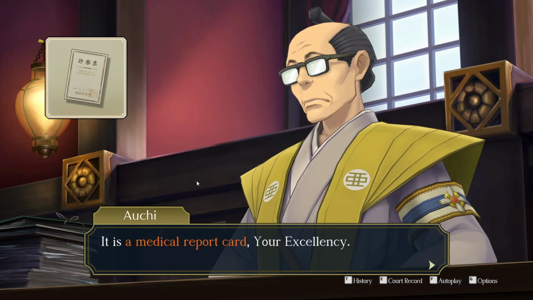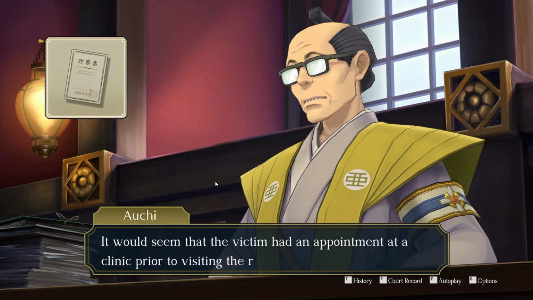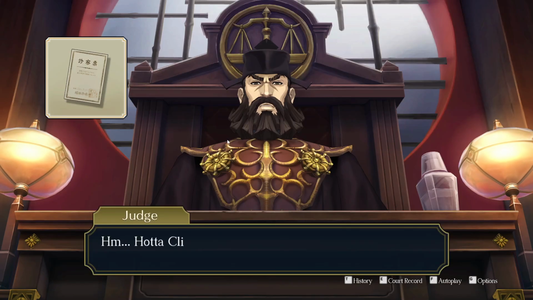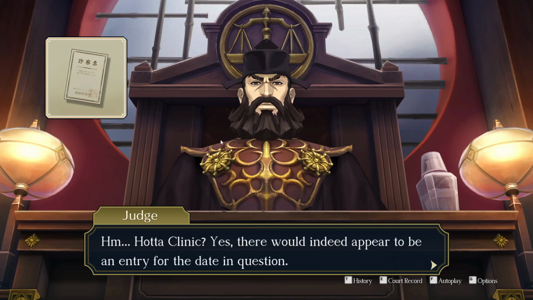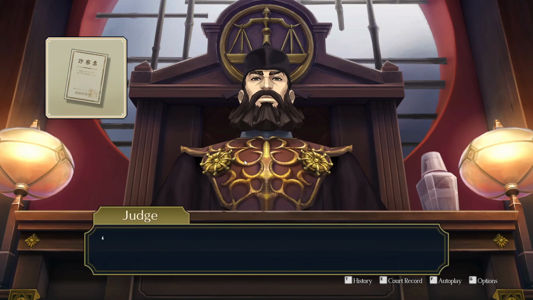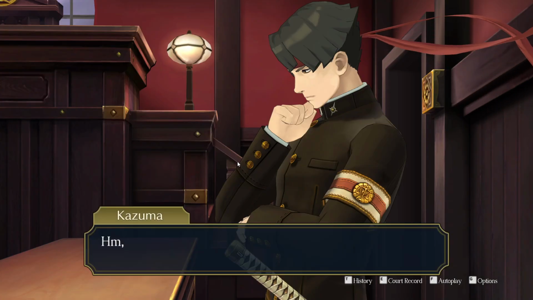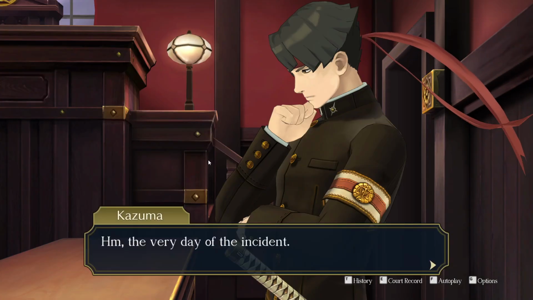It is a medical report card, Your Excellency. It would seem that the victim had an appointment at a clinic prior to visiting the restaurant. Had a clinic? Yes, there would indeed appear to be an entry for the date in question. 19th of November, noon to past 1 p.m. Huh, the very day of the incident.